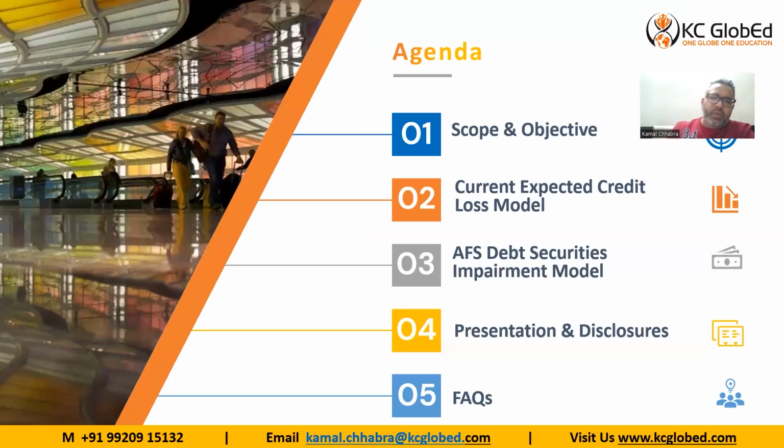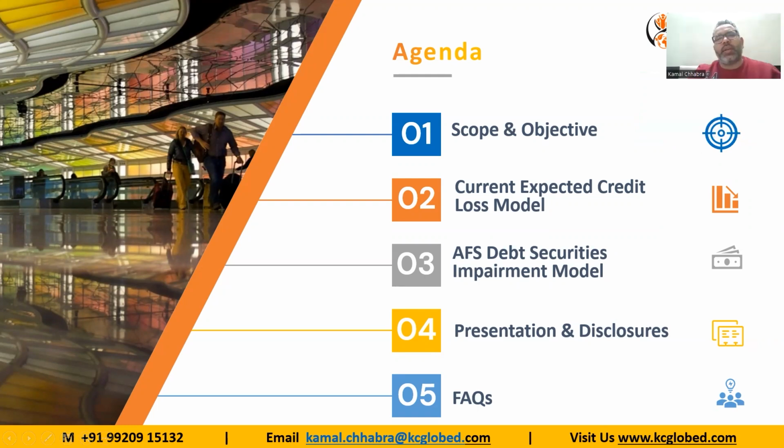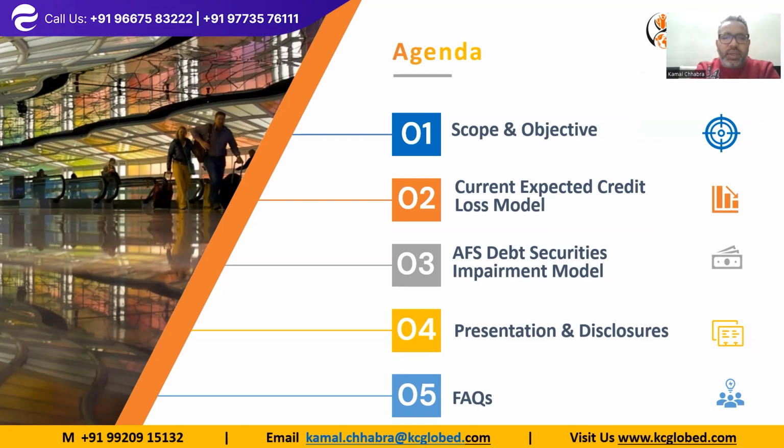Jumping into it, in this expected credit loss standard, we'll be understanding what all is in scope and what is not in scope of ASC 326. For any accounting standard codification we study, first we need to be very clear what is in scope and what is out of scope. Most of the time students get confused whether a particular transaction is to be dealt with under the respective standard or not. So we should have a clear understanding of what is in scope and what is not.